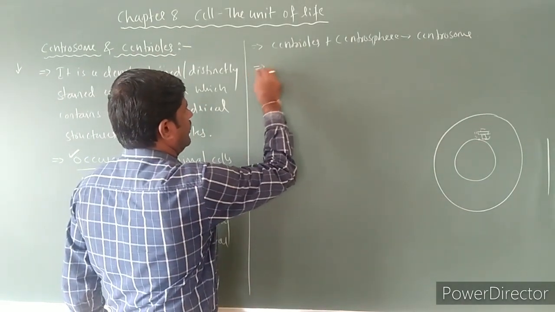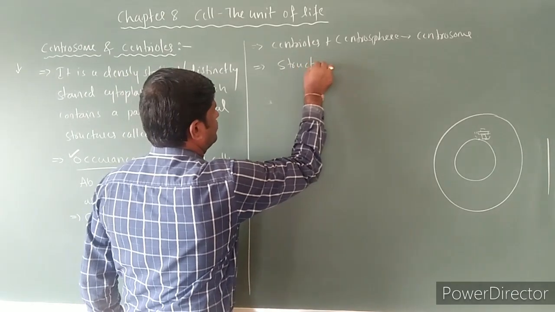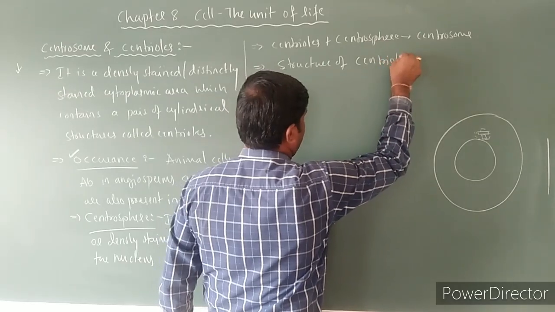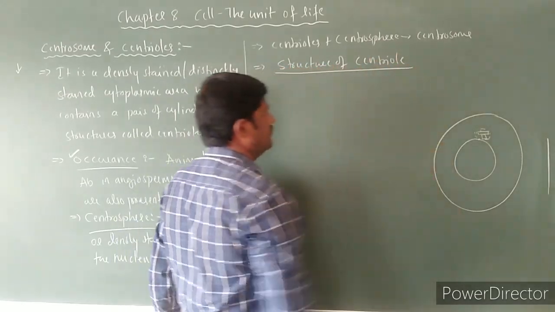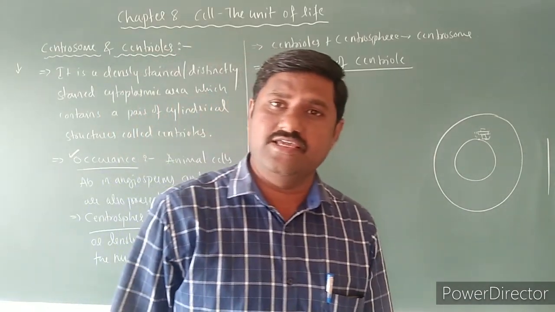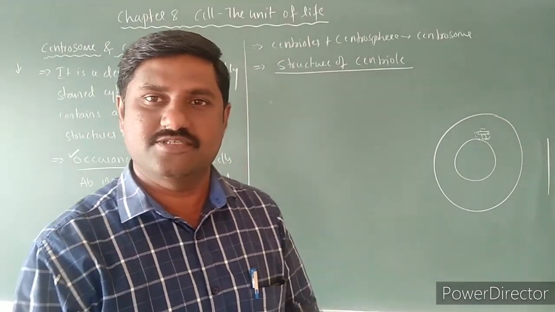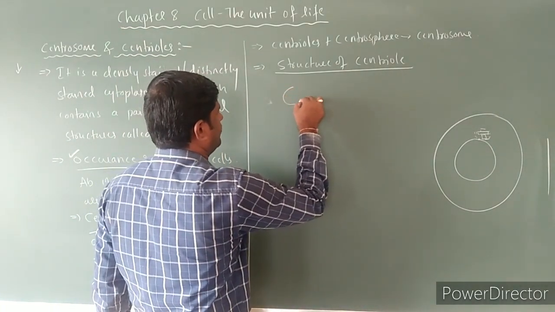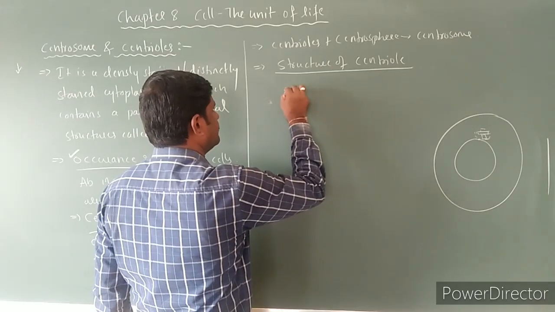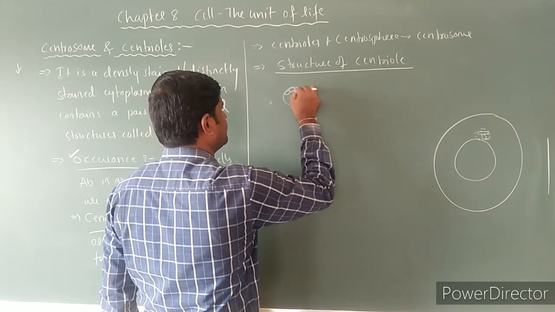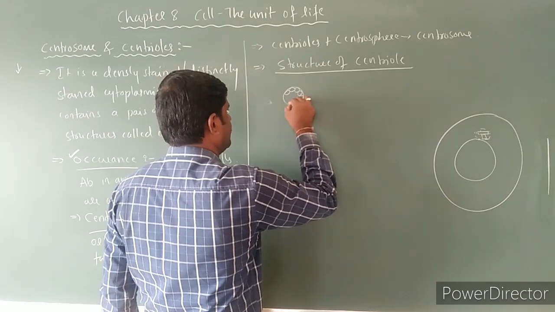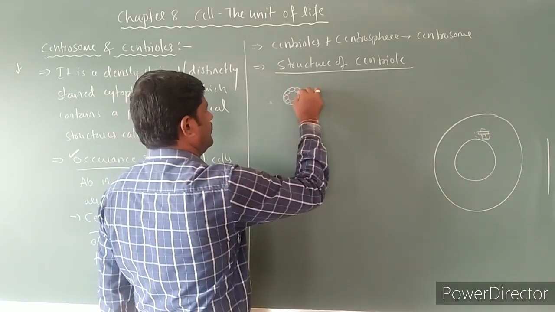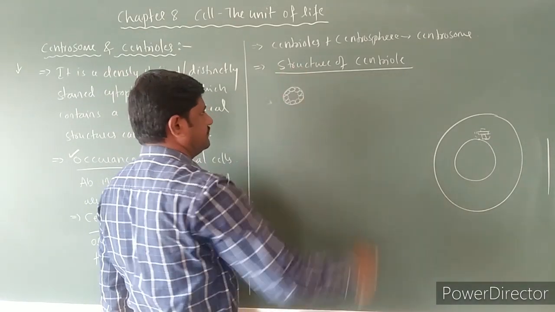So how is the structure of each centriole? There is a need to study the centrioles: how they are lying, and how is their structure. Let us discuss now. See here is one centriole which contains 9 triplet structures: 1, 2, 3, 4, 5, 6, 7, 8, 9.